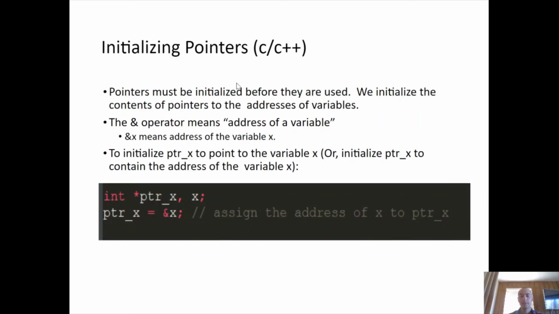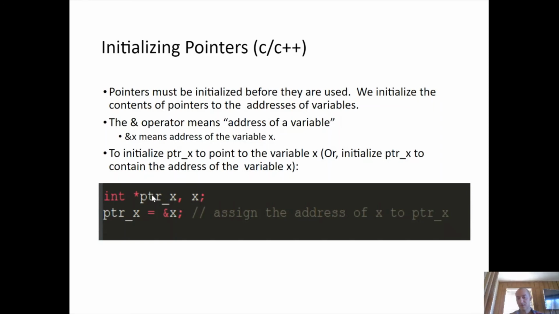Of course they have to be initialized, and the way you can initialize that is with this ampersand. This character is basically getting the address of some variable. So you see here, first we are defining this pointer ptrx, and we are defining x.